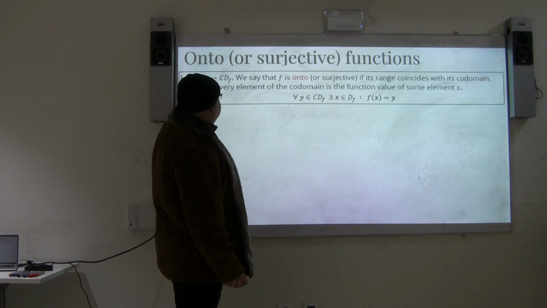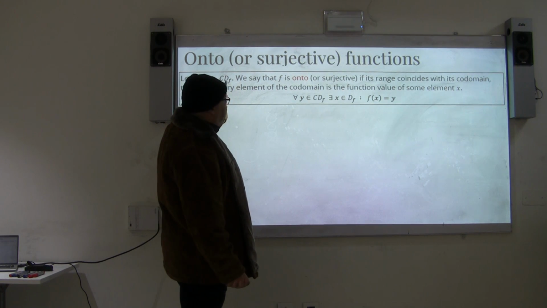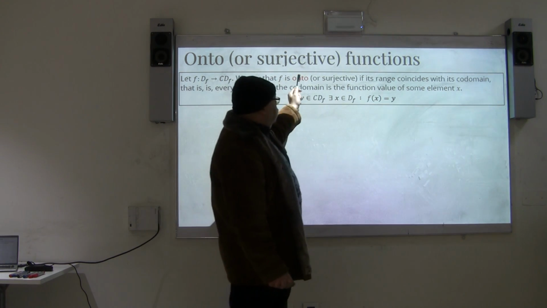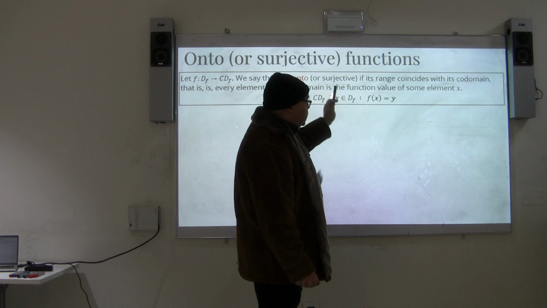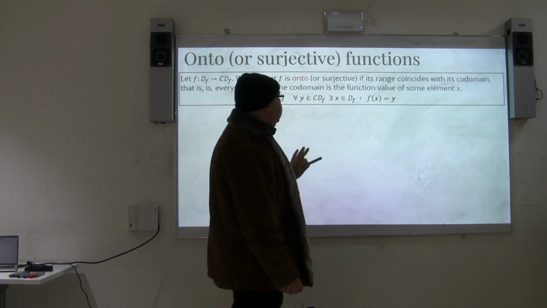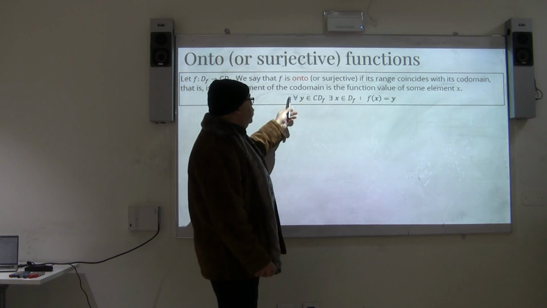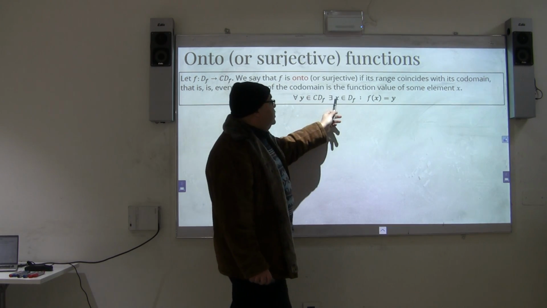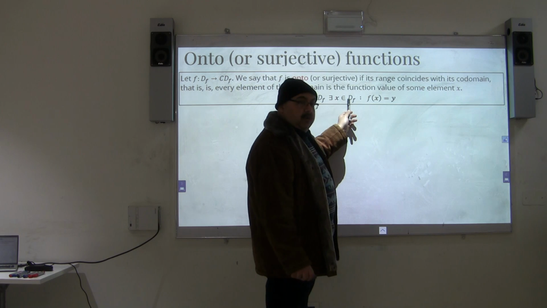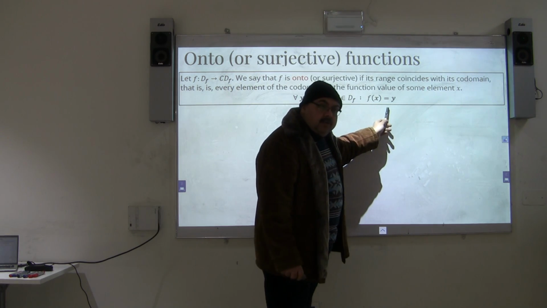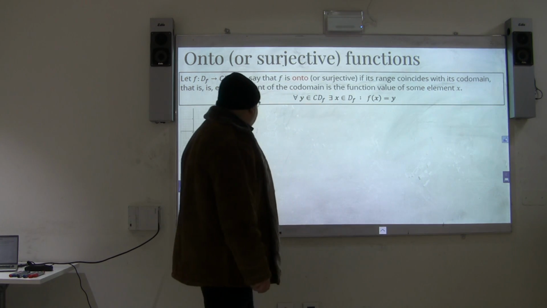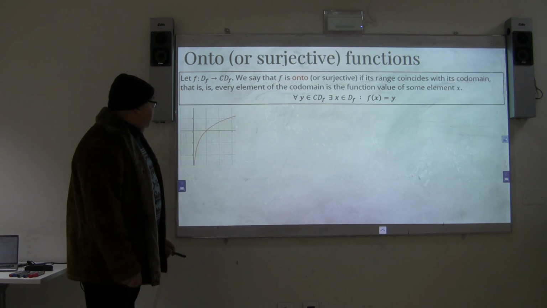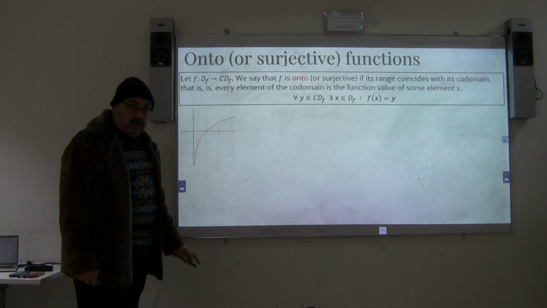So for f from the domain of f into the codomain of f, we say that f is onto or surjective if its range coincides with its codomain, exactly as we said. It means for every y that belongs to the codomain of f, there exists x that belongs to the domain of f, which means f of x equals y.